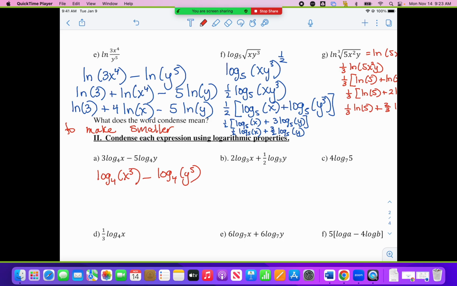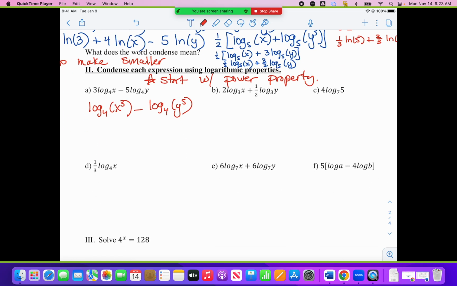Okay, when you want to condense, start with the power property.